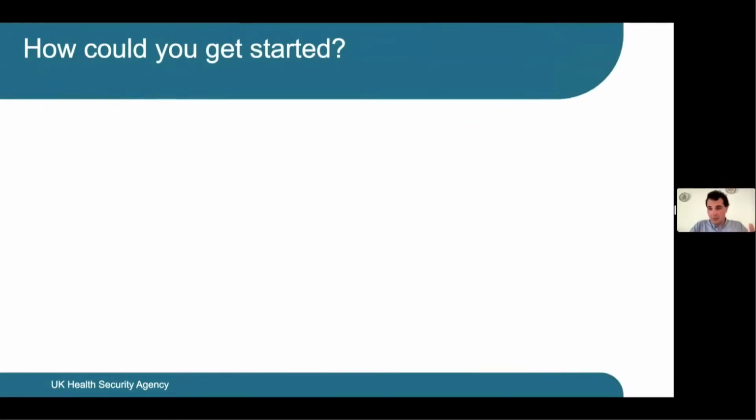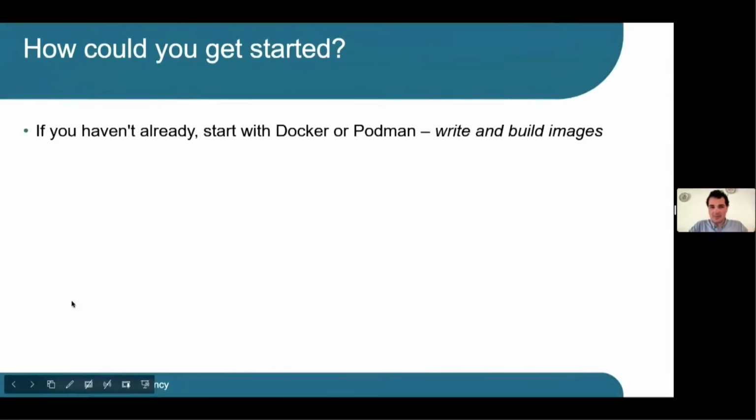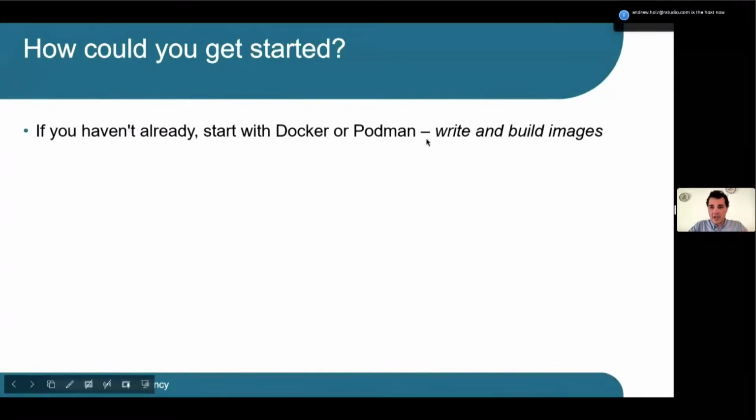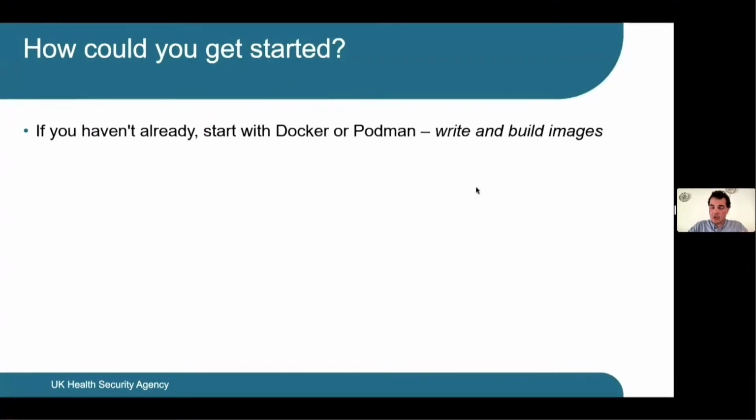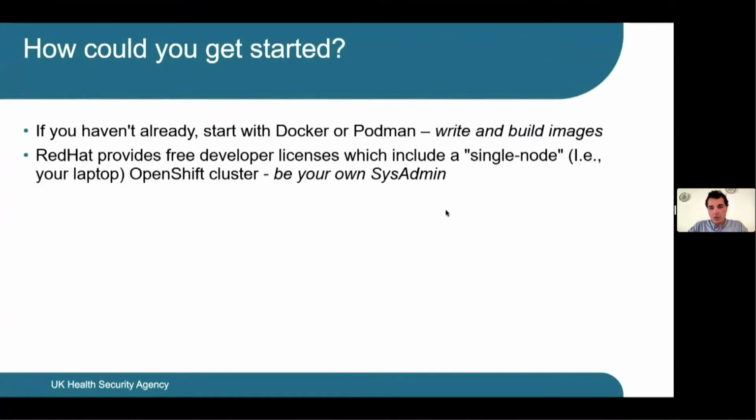So the important bit then is, how do you get started? Well, if you haven't already got started, you can use the popular tools like Docker, although not open source in the case of Docker, and Podman to write and build your container images, and your working containers to start with.